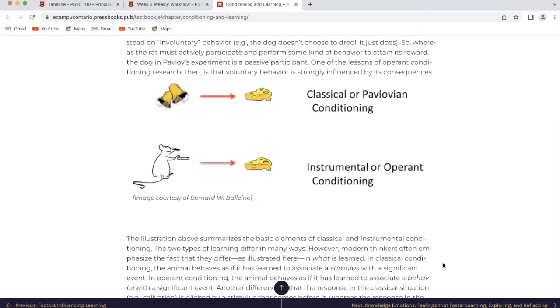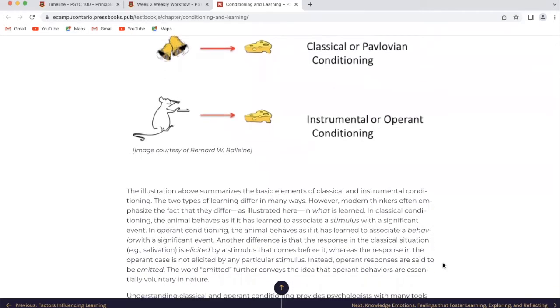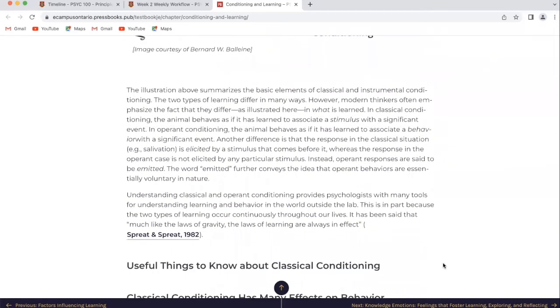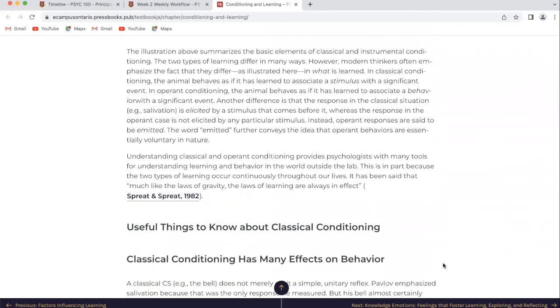The two types of learning differ in many ways. However, modern thinkers often emphasize the fact that they differ, as illustrated with the bell and the rat, in what is learned. In classical conditioning, the animal behaves as if it has learned to associate a stimulus with a significant event. In operant conditioning, the animal behaves as if it has learned to associate a behavior with a significant event.